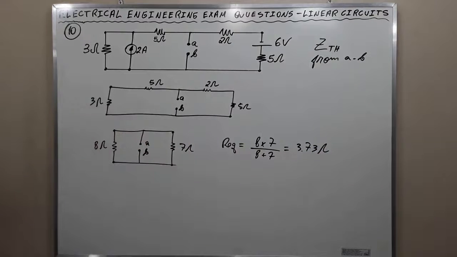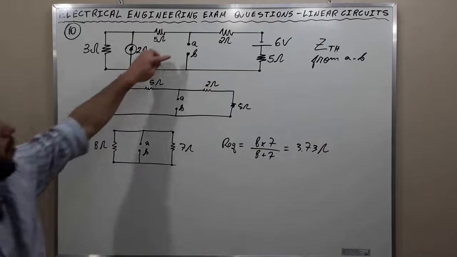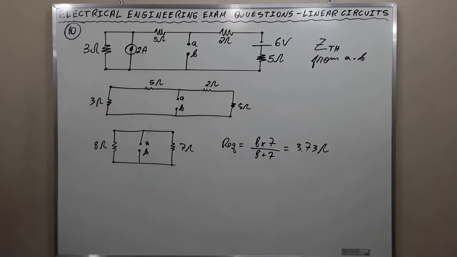Okay? Therefore, this is the value of Thevenin's equivalent resistance as seen from terminals A and B. Okay, my friends, this is all for exercise 10. Let's go to exercise 11.